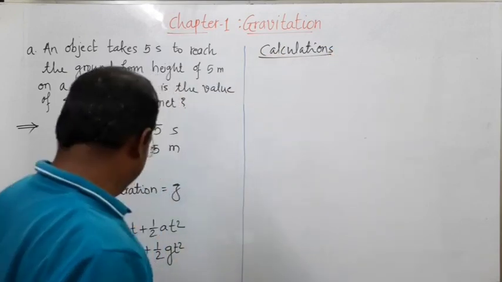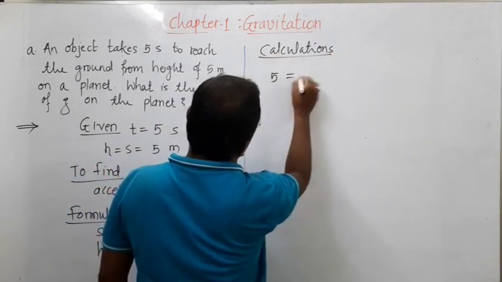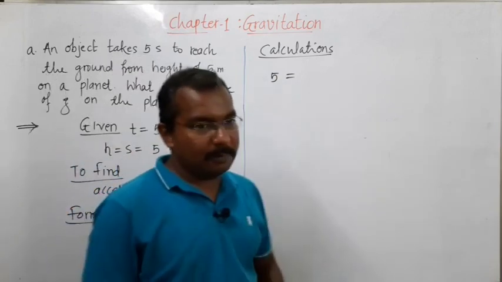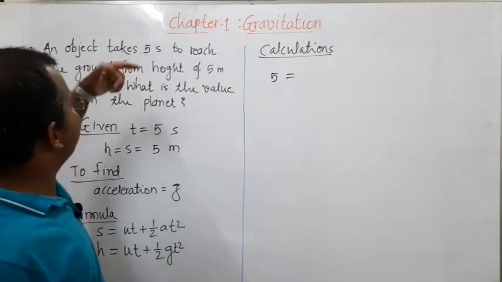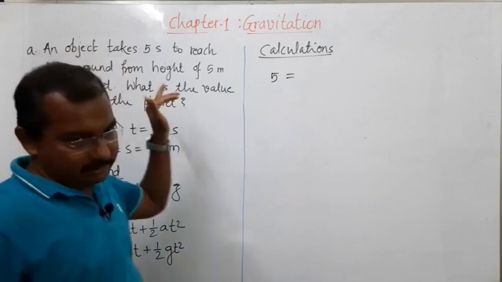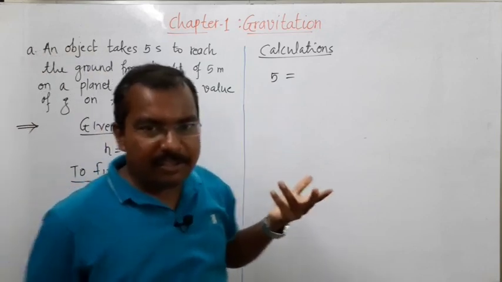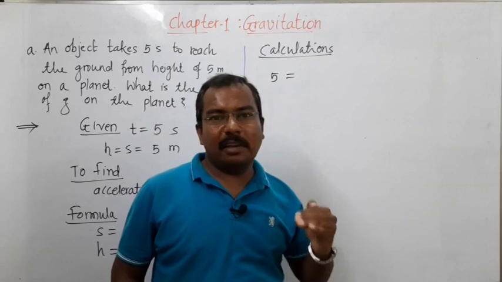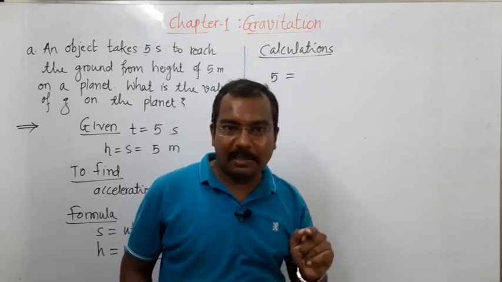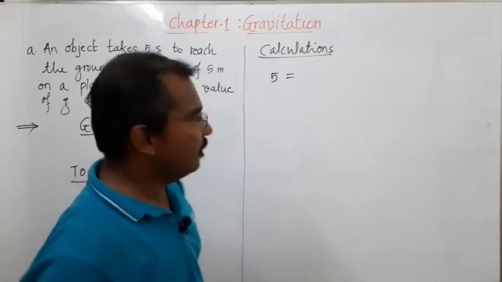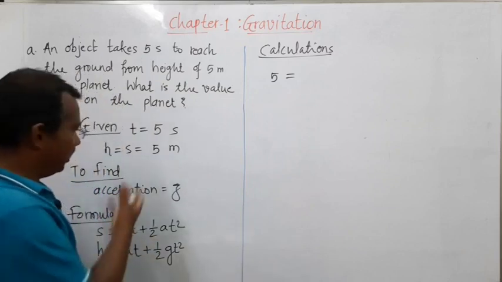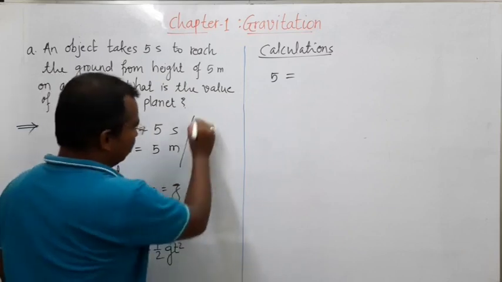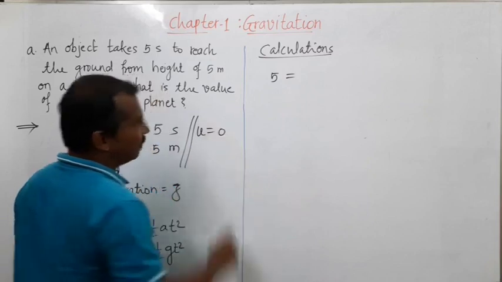So put the values. h is given, 5 meters. Now the object takes 5 seconds to reach the ground from the height h, so it is at the height h and coming towards the ground. So the initial velocity of that object is 0. Therefore u is 0. You can write it in given also: u = 0.